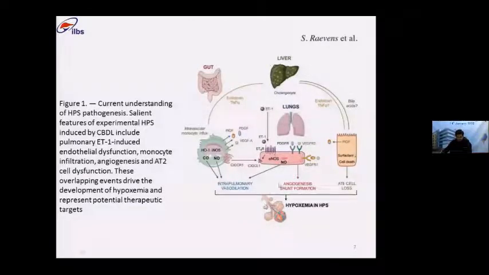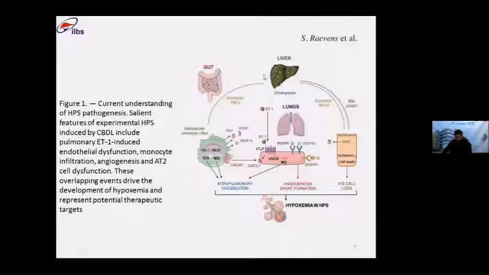We all know that in the presence of cirrhosis and chronic liver disease, there is increased endotoxin and TNF alpha flux coming from the gut, which sometimes the liver is not able to handle, and that also spills into the general circulation, coming to the pulmonary circulation also.